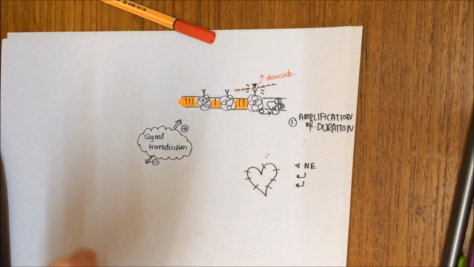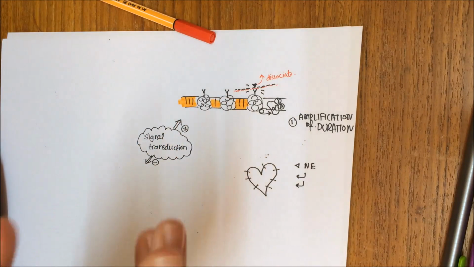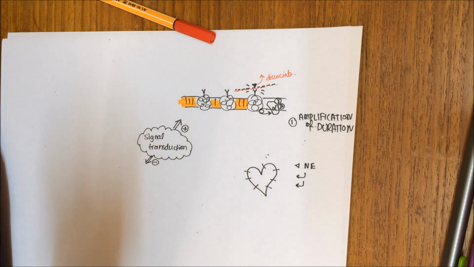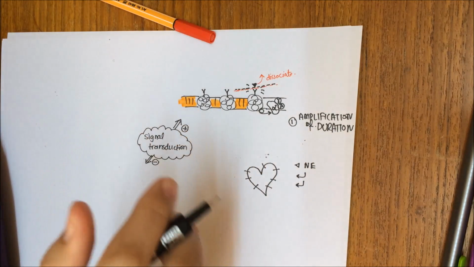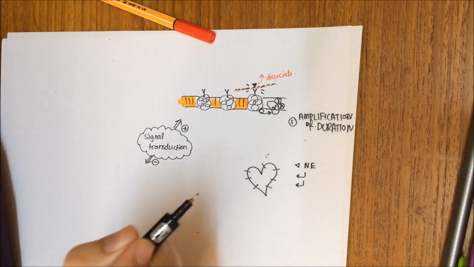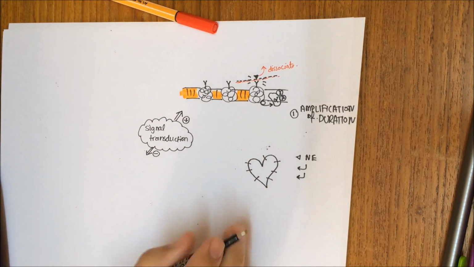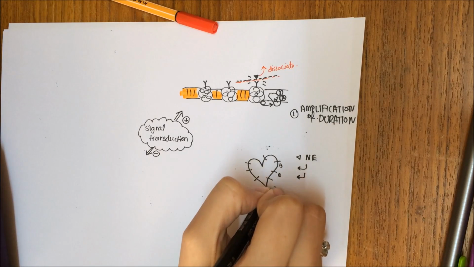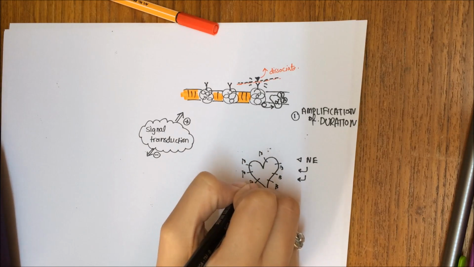Norepinephrine on the beta receptors of the heart will activate the sympathetic pathway. It has a sympathetic effect that will increase the contractility and will increase the pulse rate of the heart.